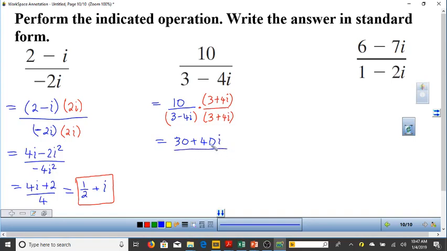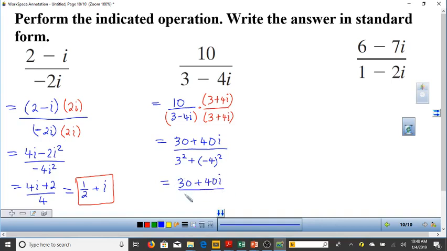The denominator is 3 times 3 is 9. And of course, when you multiply a complex number by its conjugate, you simply add the squares of the parts. So we end up with 30 plus 40i in the numerator.